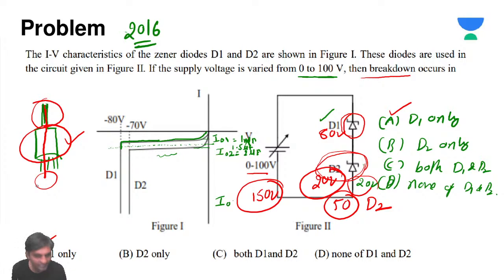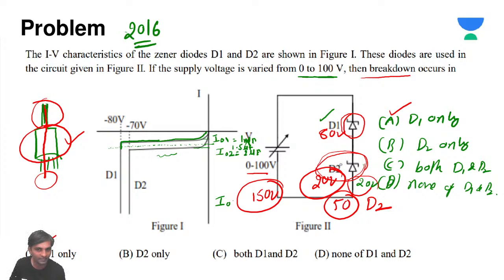So if that is the case, both of them are... see, if a small current is flowing, this means the same current will flow through this also. Reverse saturation current is existing in this D2 also. You are talking about the ideal case, Balaji.